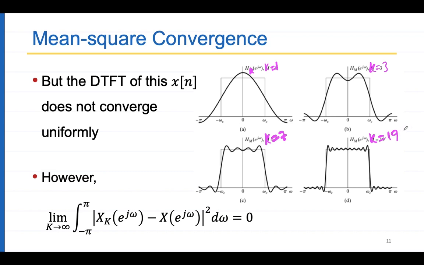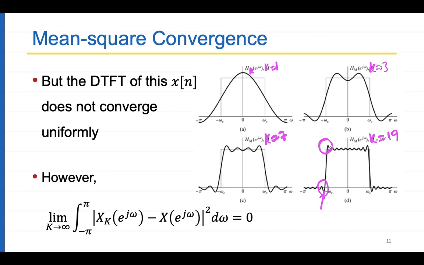But even if you make K very large, this portion at the corners, the error will never become 0. The error will always remain finite. At these points, this one will never become 1. There will always be a finite difference here.